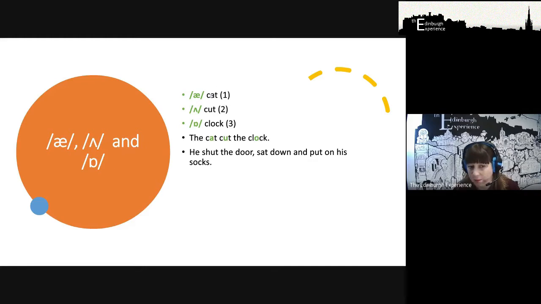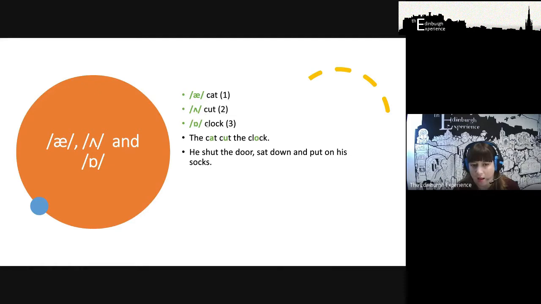If you hear the first sound, put in number 1. If you hear the second, put in number 2. If you hear o, put in number 3. Okay? So this is the sentence. He shut the door, sat down, and put on his socks. Okay? So I want you to think about this word first of all, shut. He shut the door. Which sound am I saying? Number 1, number 2, or number 3?